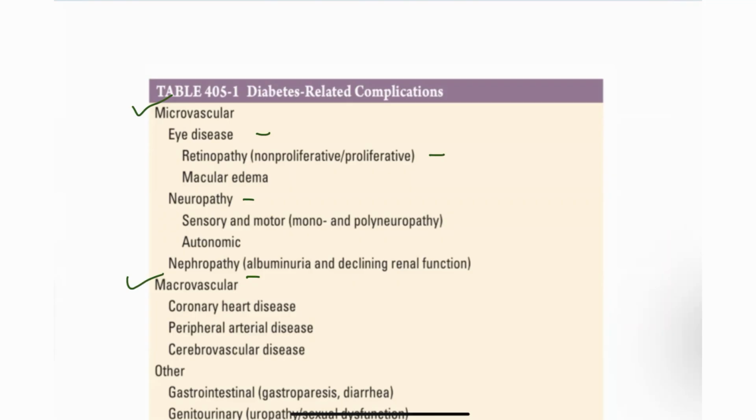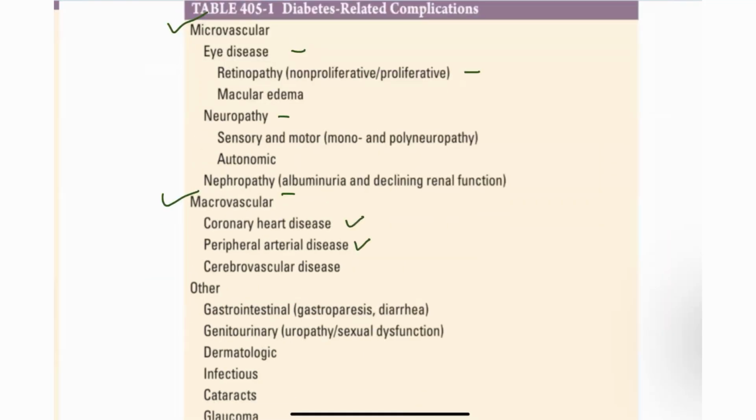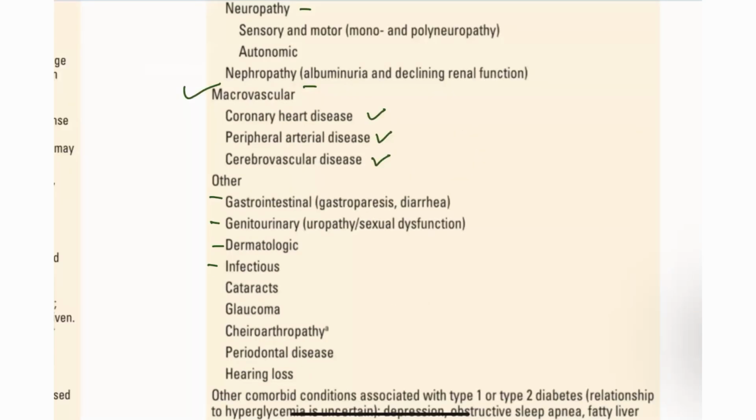Next, macrovascular: coronary artery disease, peripheral artery disease, cerebrovascular disease, and also other diseases: gastrointestinal, genitourinary, dermatological, infections, cataracts, glaucoma, cheiroarthropathy, periodontal diseases, and hearing loss. These are commonly seen diabetes-related complications.